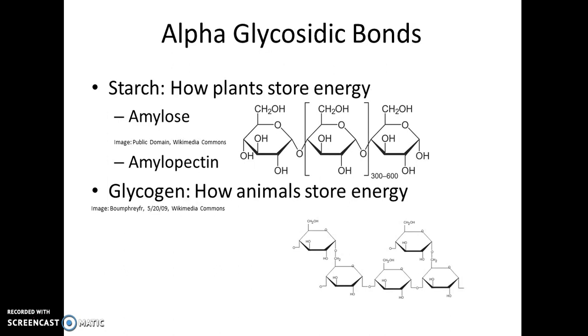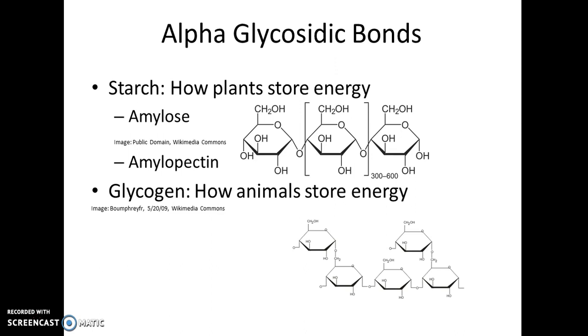Starch is the main way that plants store their glucose for energy in the future. Now there's two types of starch, amylose and amylopectin. Amylose is just a simple chain of glucose molecules. Amylopectin has branches off of that simple chain of glucose molecules, so it's much more complex and provides more energy, more bang for the buck, if you would.